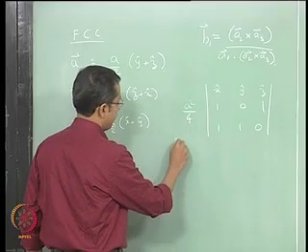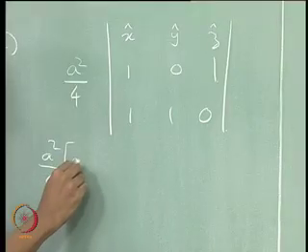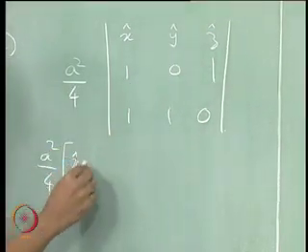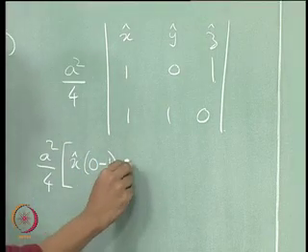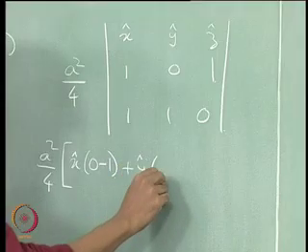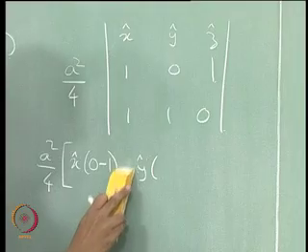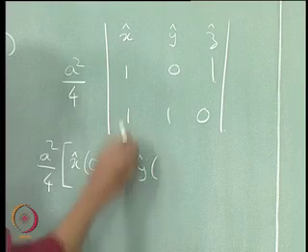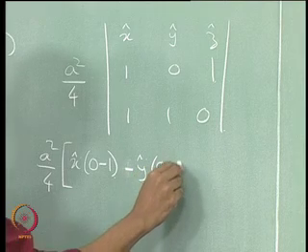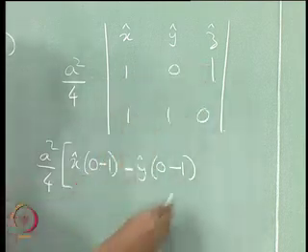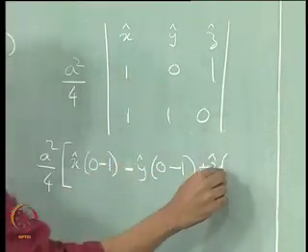This is a square by 4 times x cap into 0 minus 1, plus, I am sorry, minus y cap into 0 minus 1, plus z cap into 1 minus 0.